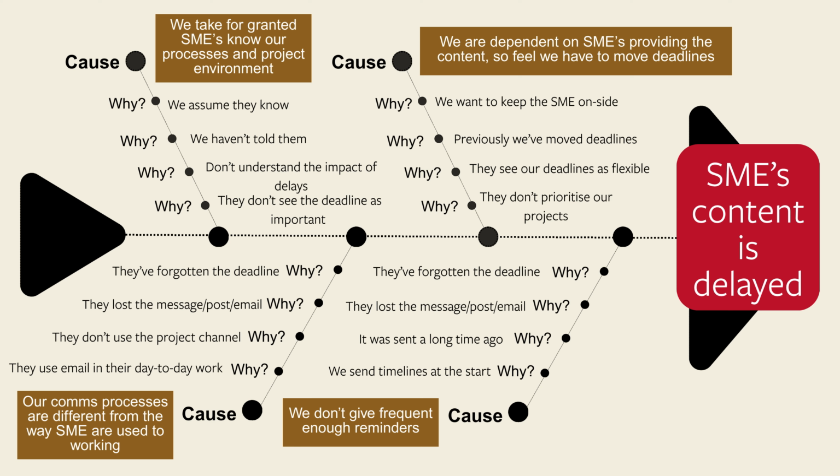So in the example we've given in this video, it might be that we must accept the cause as we are dependent on SMEs to provide content. The second fishbone we work through identifies that we take for granted that SMEs know our processes. So a solution here might be that we explain or visualise this better at the start. Other causes could be addressed by sending email reminders as well as using Teams, and maybe we need to send more regular timeline updates.